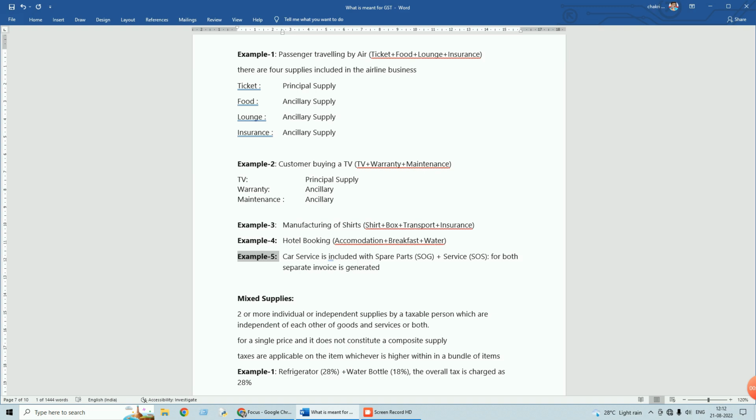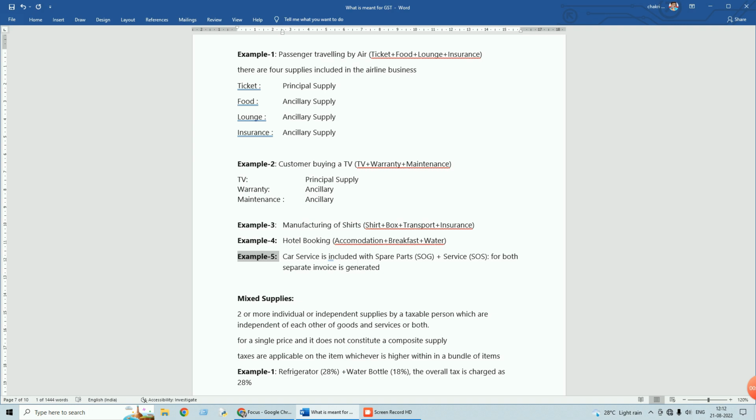Spare parts means goods are involved, and in the service only labor is involved. Now when they are selling spare parts, these are taxable goods, so they have to charge it. For service, they should not charge. So spare parts we can take as ancillary.